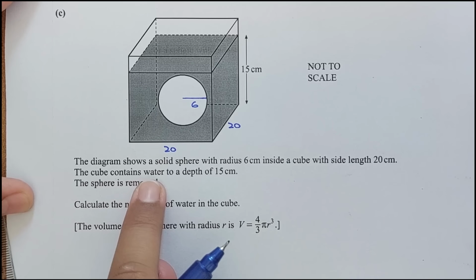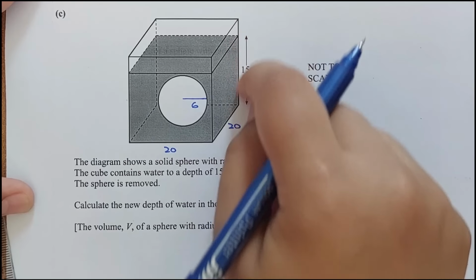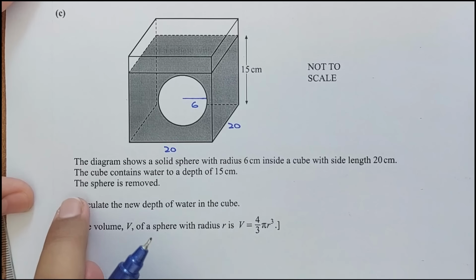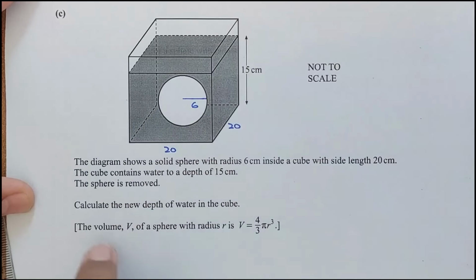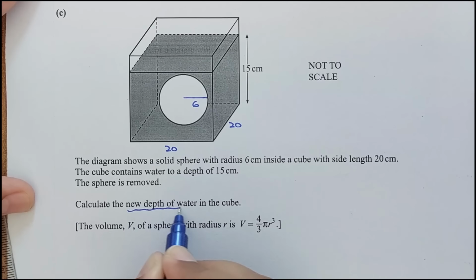The cube contains water to a depth of 15 centimeters. The sphere is removed. Calculate the new depth of the water. We have been given the volume of a sphere formula.